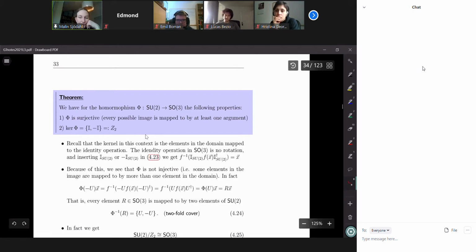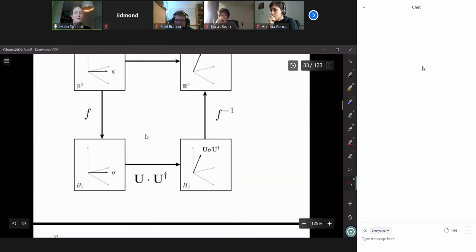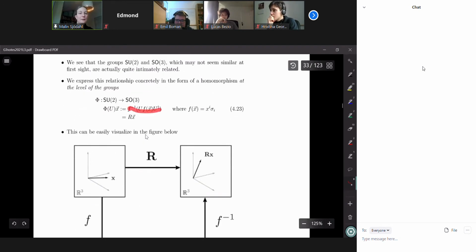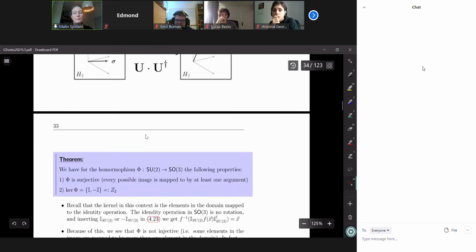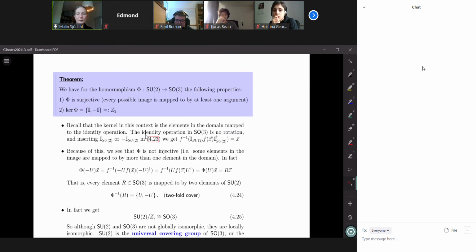Okay, so let's have a look and see that we actually get no rotation if we insert the SU2 1 or SU2 -1 in this map from up here. So this is what is happening here.